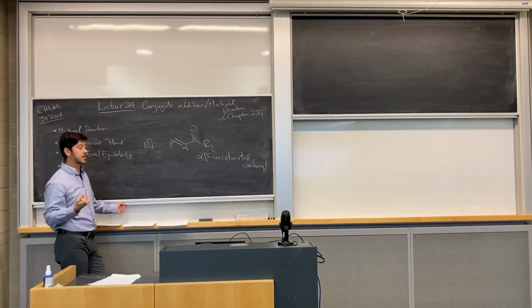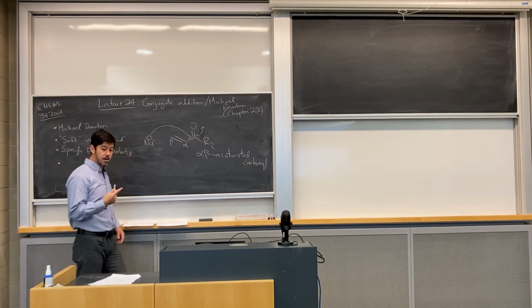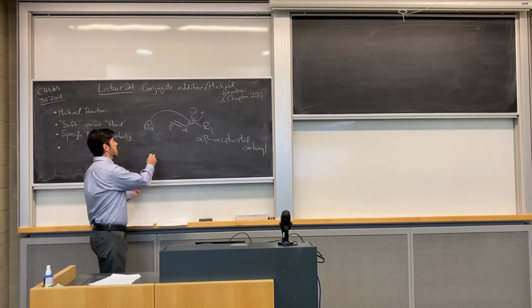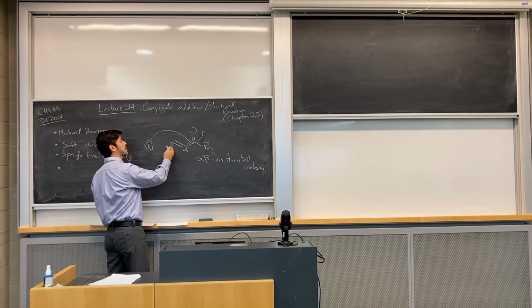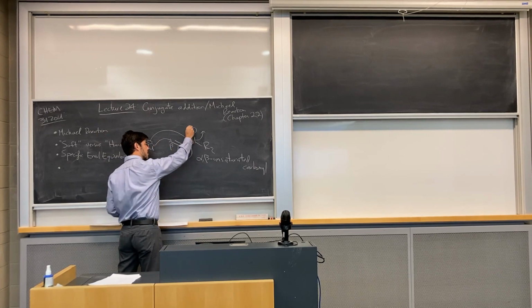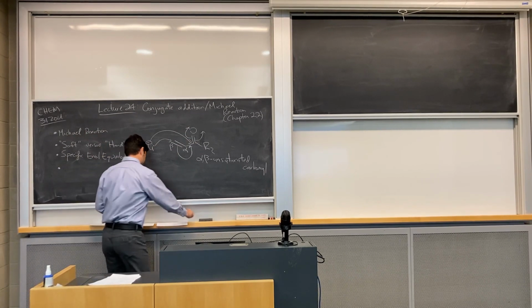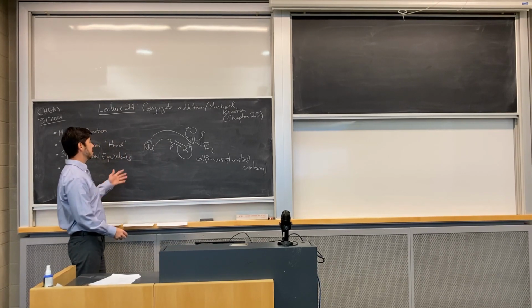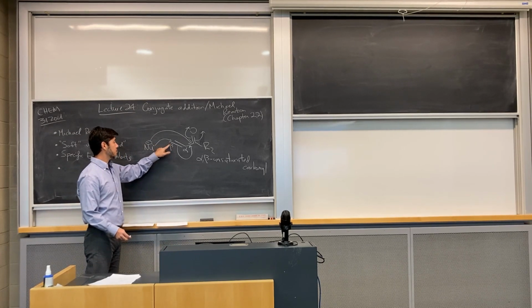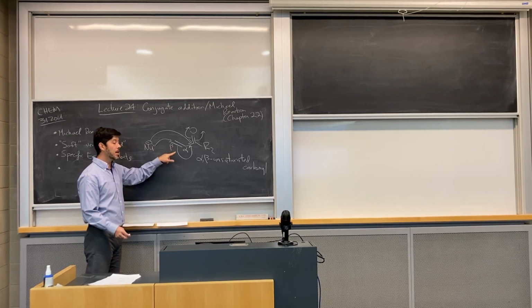The nucleophile could attack the carbonyl, as you've seen many times in this course, or the same nucleophile could attack the beta carbon because it is in conjugation with that carbonyl. So you have two entries for attack. If you get reaction occurring at the beta carbon, we call that Michael addition.